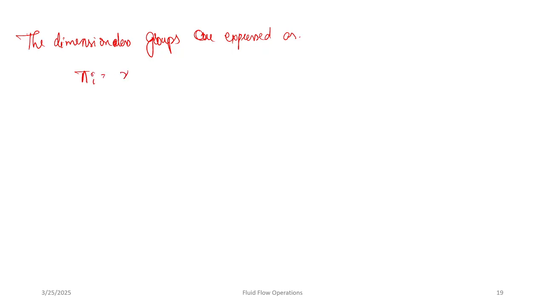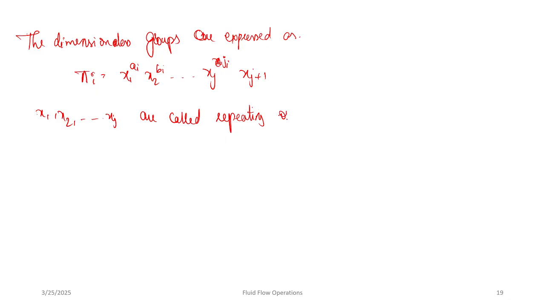The dimensionless groups can be expressed as phi i is equal to x1 to the power ai, x2 to the power bi, and so on till xj to the power ji, and xj plus 1, where x1, x2 till xj are called repeating or core variables, and xj plus 1 are non-repeating variables.